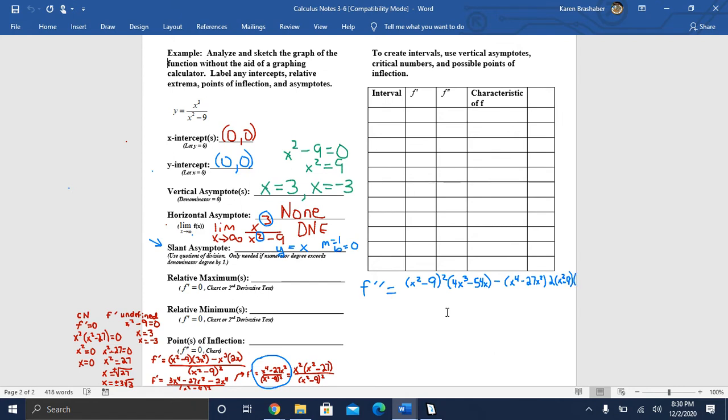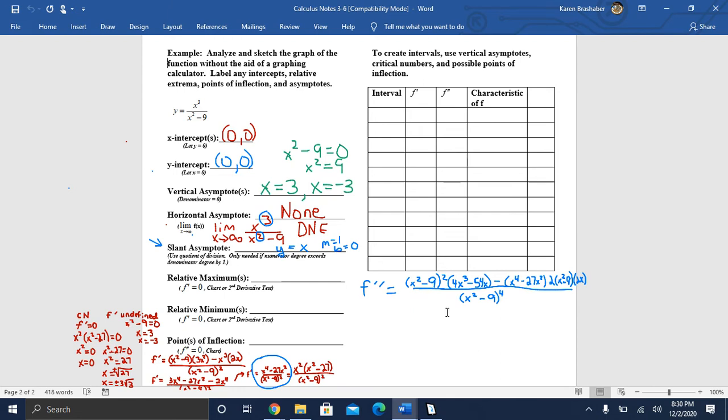And then remember to do the derivative of the inside, so times 2x. And then all of this is over your denominator squared, so x squared minus 9 to the fourth power. So there's your second derivative line.